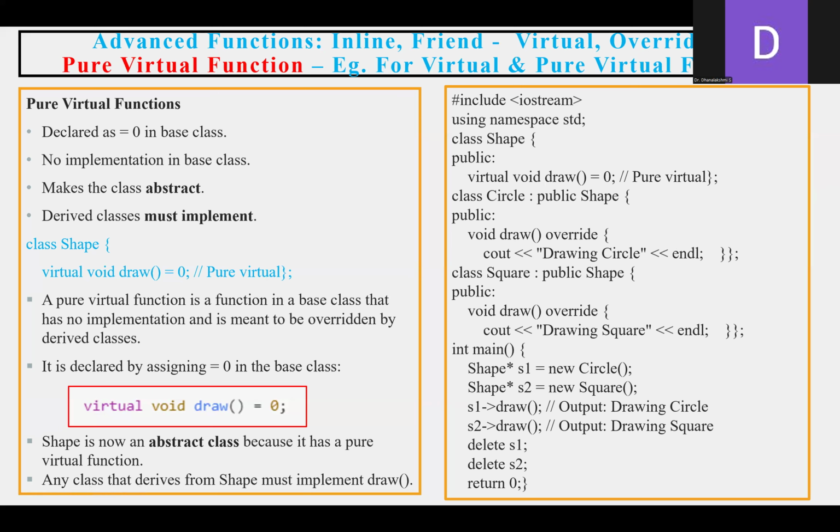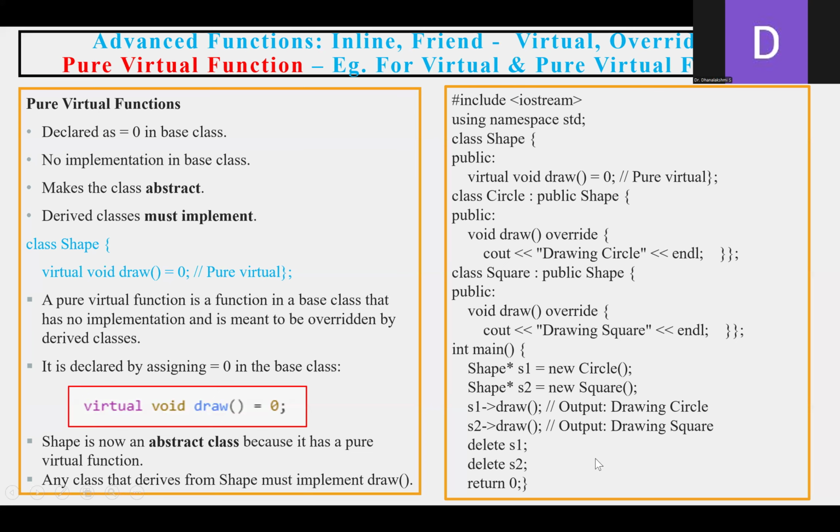Now I define a class circle that publicly inherits from shape. In this class, I override the draw function to print drawing circle. Similarly, I define a class square that also inherits from shape, overriding the draw function to print drawing square.